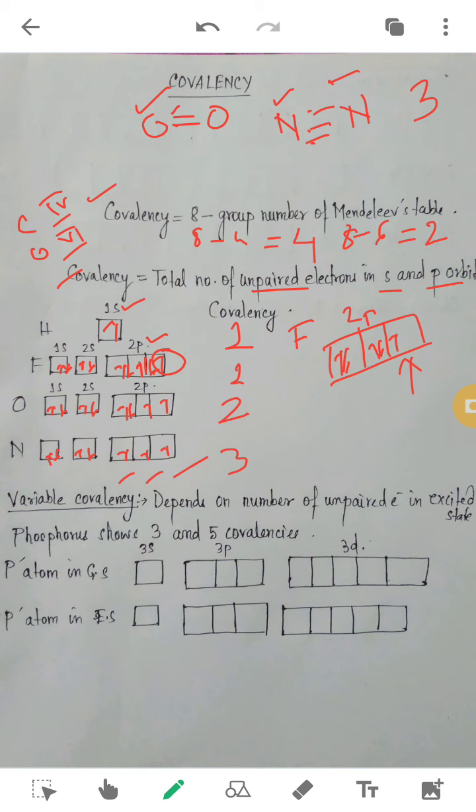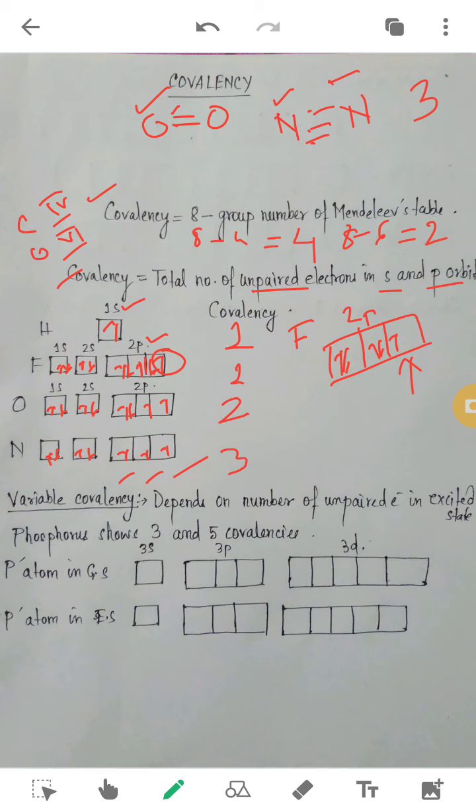When you see the phosphorus configuration, as it has 15 electrons, you arrange it as 1s2, 2s2, 2p6, and then 3s2, and 3p3.